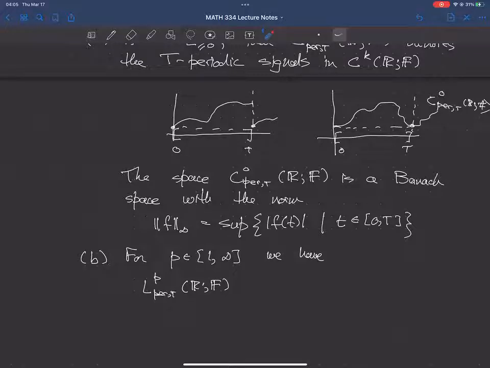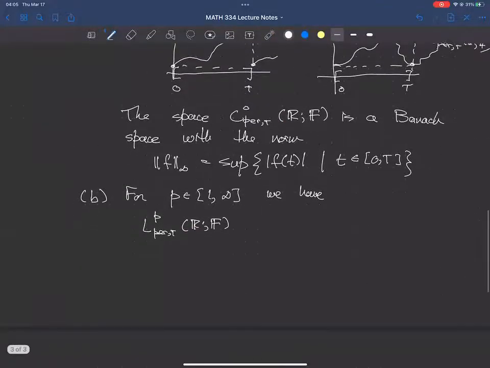For our purposes, we're going to think about periodic things as being defined on all of R. So LP per is the F's from R to F, such that F restricted to 0T is in LP 0T.